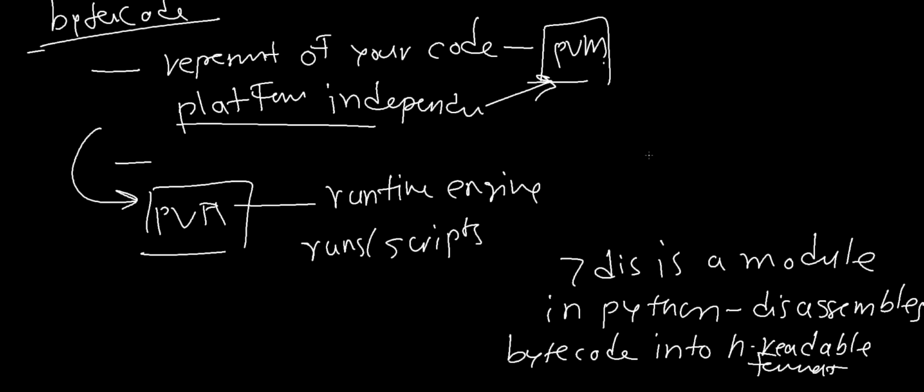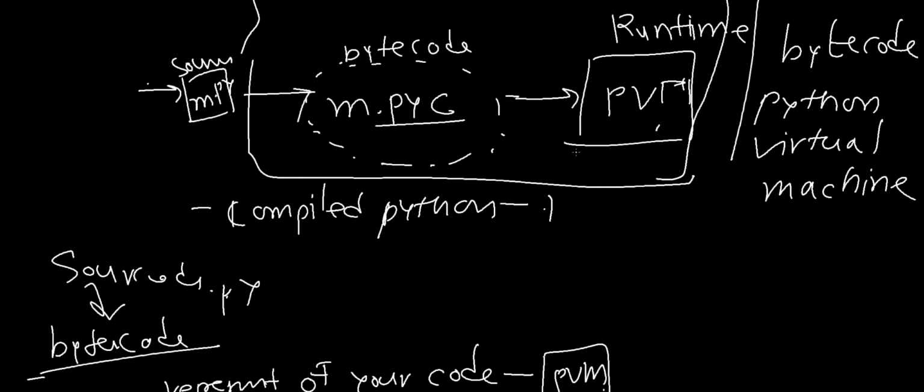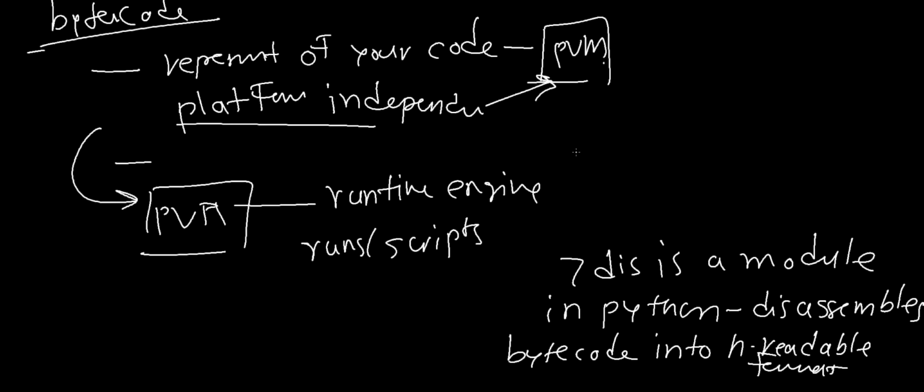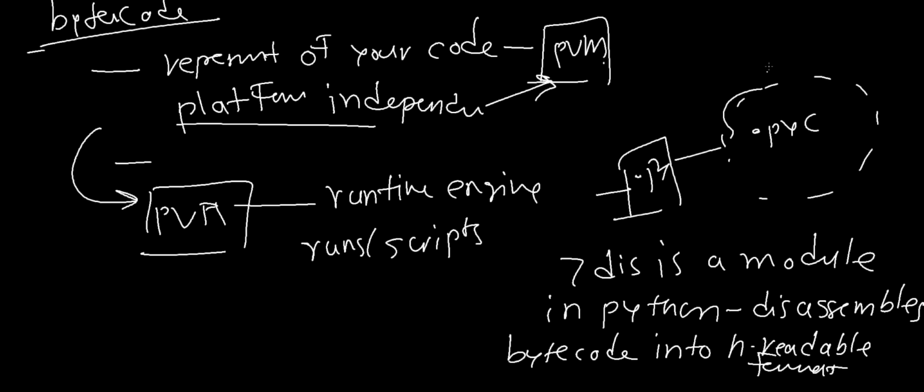So what we understood is that whatever you give as source code, the .py files, is converted into bytecode, and if it is stored on your machine, it comes with the extension .pyc.